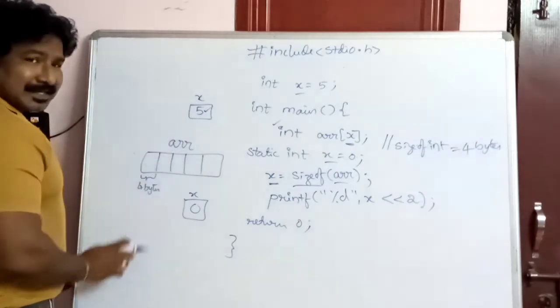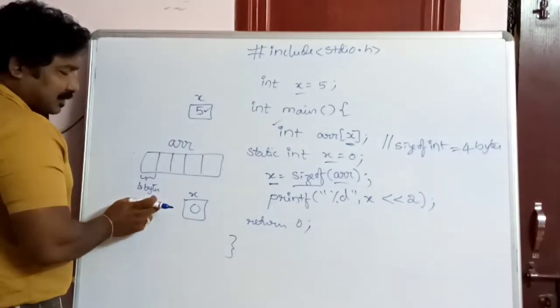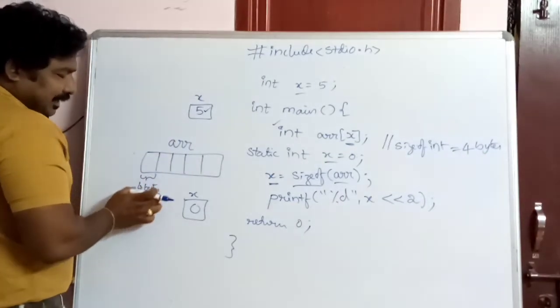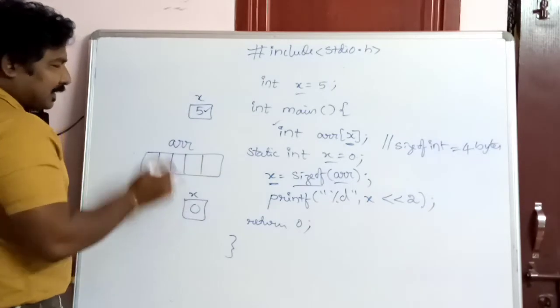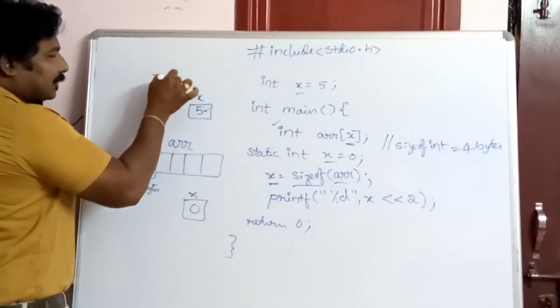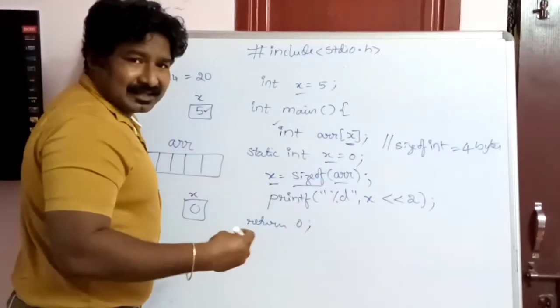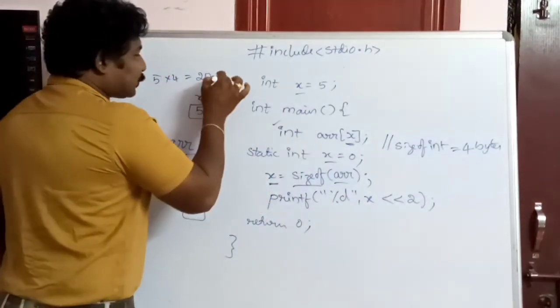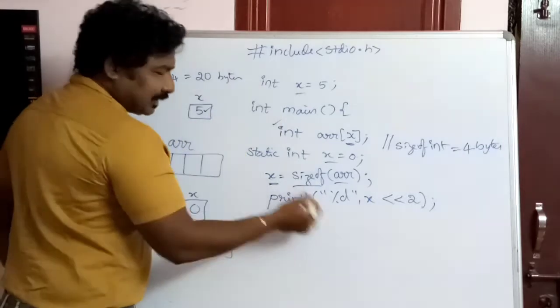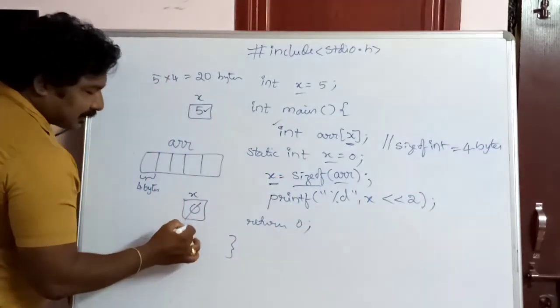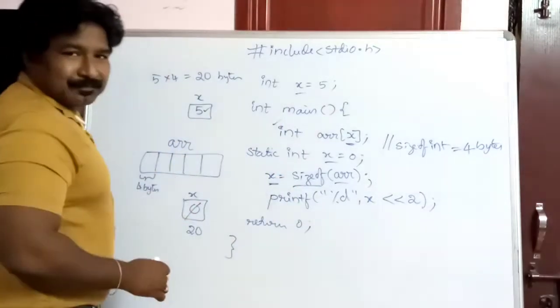So each element takes 4 bytes and the total 5 elements will take 5 into 4, that equals 20. This sizeof will return the number of bytes, that is the value 20, to x. So x will be stored as 20.